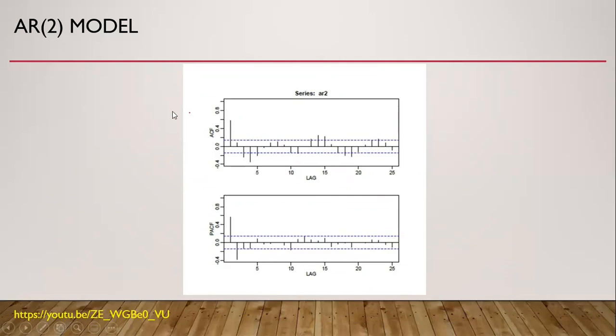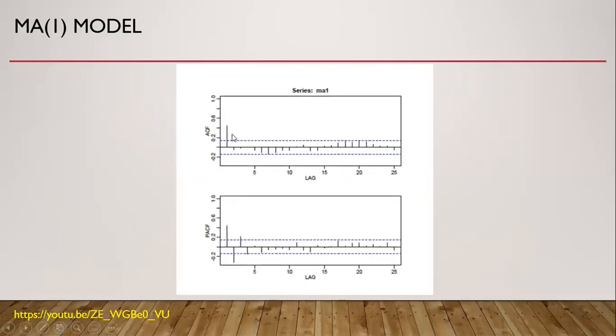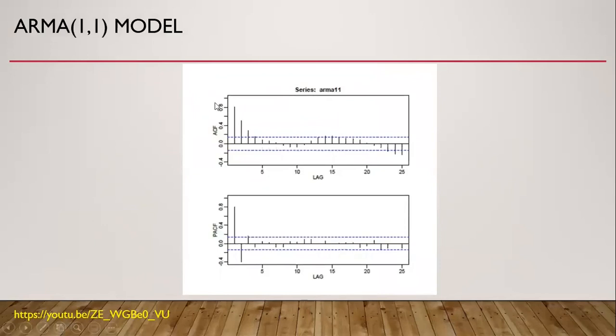So this is the AR2 model. In this, there is damped exponential tapering of the PACF graph, so we can make a moving average model. And since there is a single correlation which is important, the parameter is 1. So this is the moving average 1 model. Here, both the graphs show exponentially damped correlations, so we can make use of the ARMA 1-1 model.